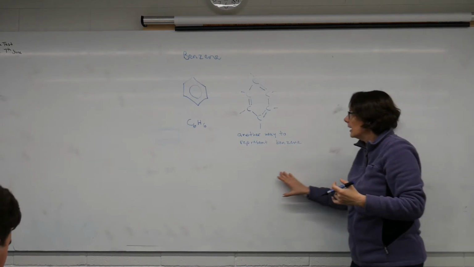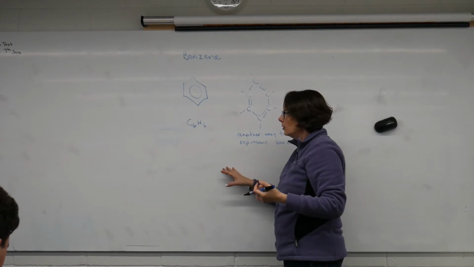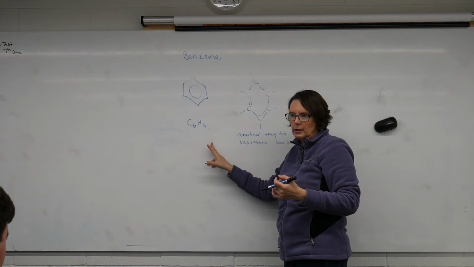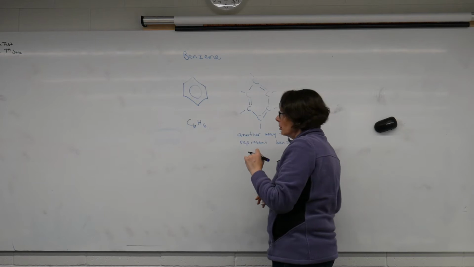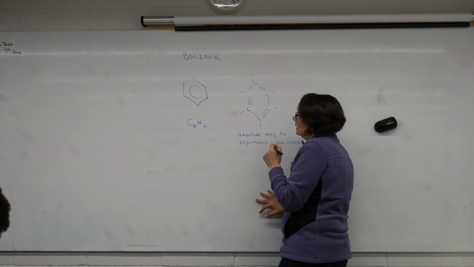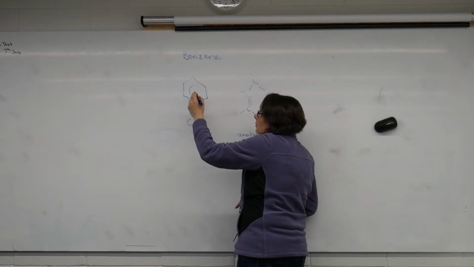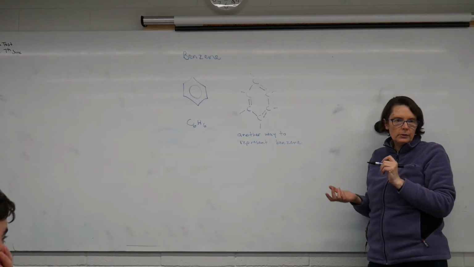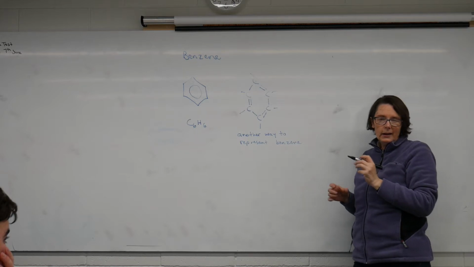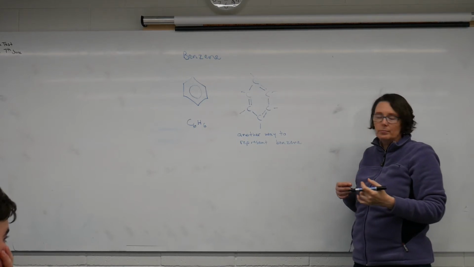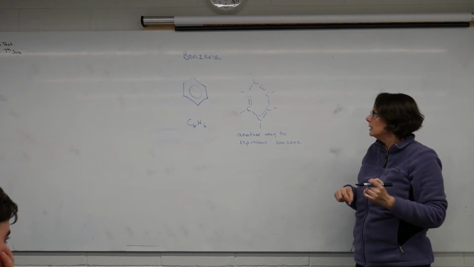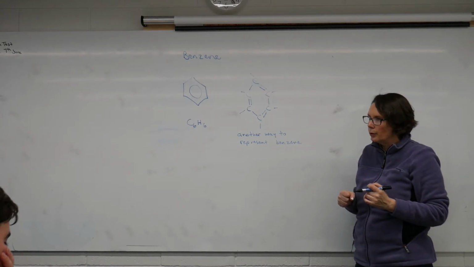And so what actually happens is we end up with a bond length of 1.5 in the benzene. So it's halfway between a single and a double bond. You don't have to worry about bond length in our course, but that's why we represent it with this circle in the middle, to say that all the bonds have the same length, and it's partway between a single and a double bond.